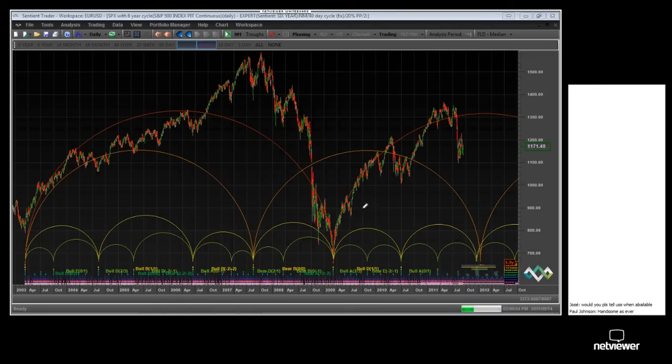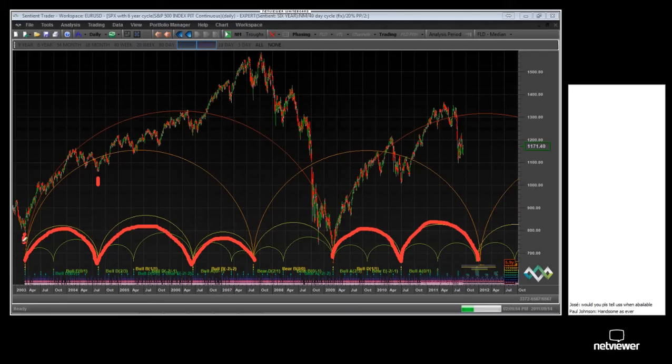Let me clear the whiteboard, and let's have a look at two consecutive troughs of the 18-month cycle. The 18-month cycle is this yellow cycle over here. Actually, let me work over here because then I can show you more consecutive troughs.